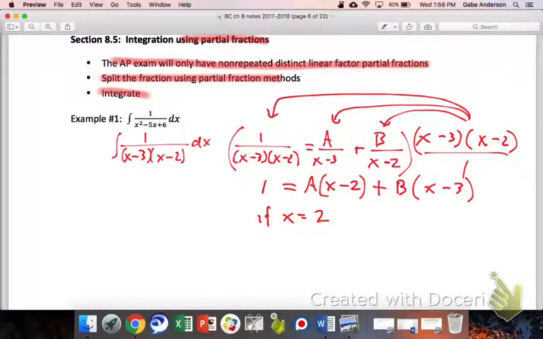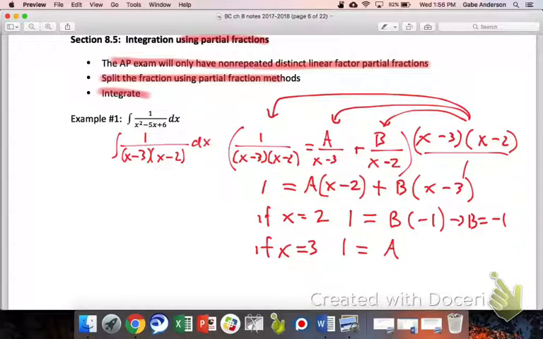So if x equals 2, then 1 equals B times 2 minus 3, which is negative 1. Therefore, B is negative 1. And then what would I need the x to be to figure out the A value? 3. Yep. So if x is 3, then 1 equals A plus 0 technically, but 1 just equals A.